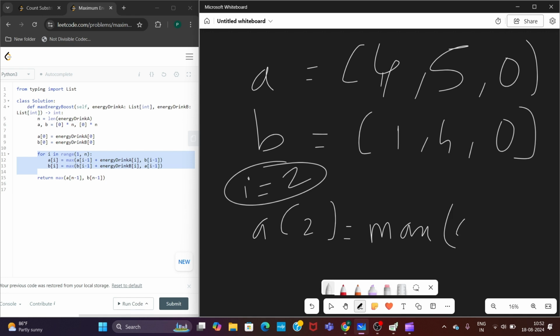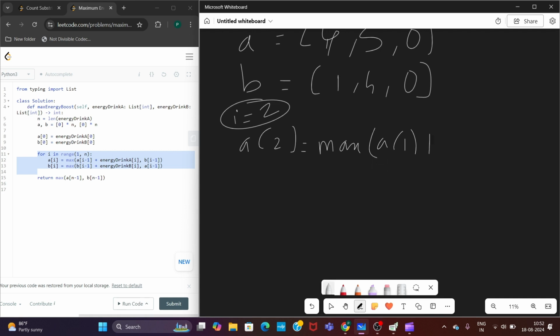So for a of 2 will be what? Maximum of a of 1 plus energy drink of a of 2. Okay, sorry, it is not plus, it will be comma, small b of 1.